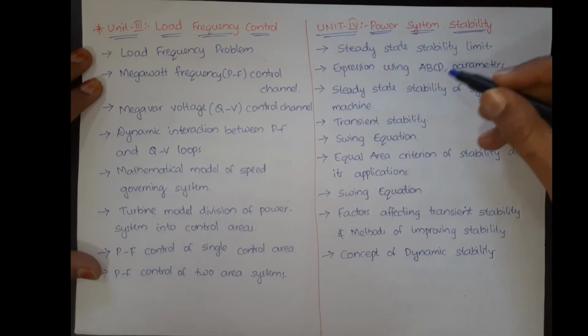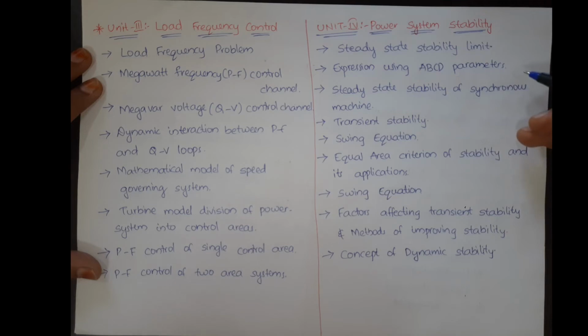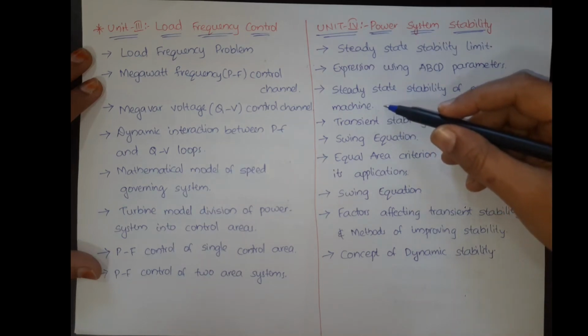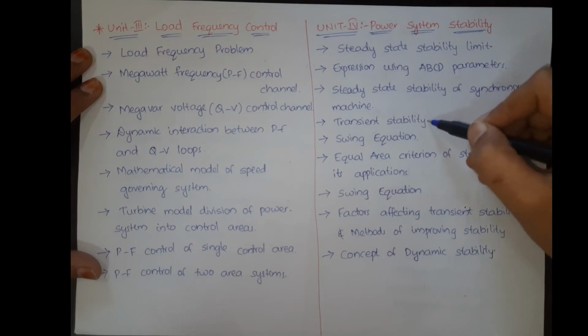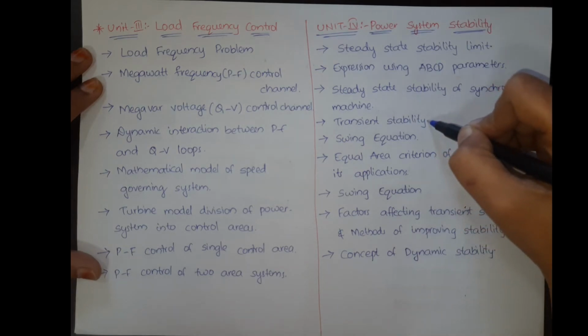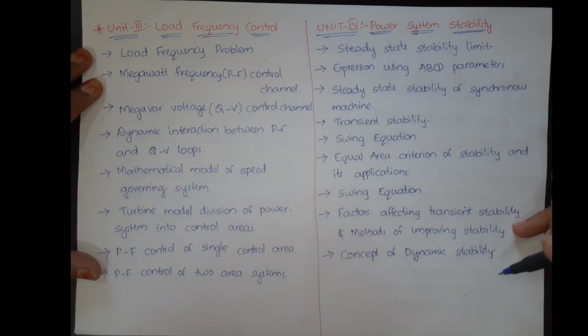As I told you, the subject is all about mathematical representation of the issues raised in a power system. So how to represent that steady state stability limit in ABCD parameters, and steady state stability of a synchronous machine also we will be studying. We'll be studying different terms relating to stability like transient stability and dynamic stability, right?